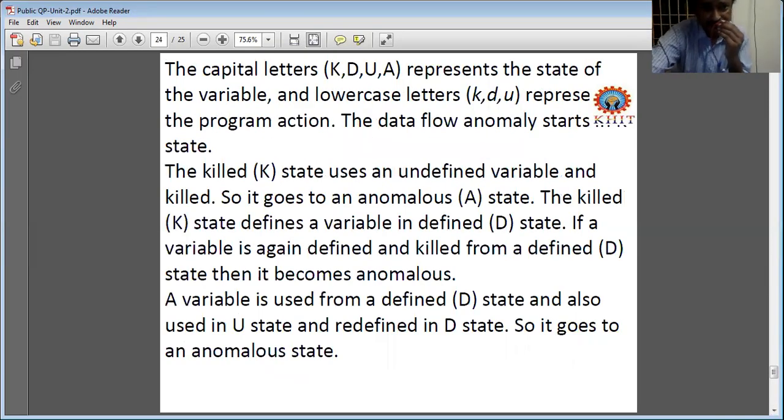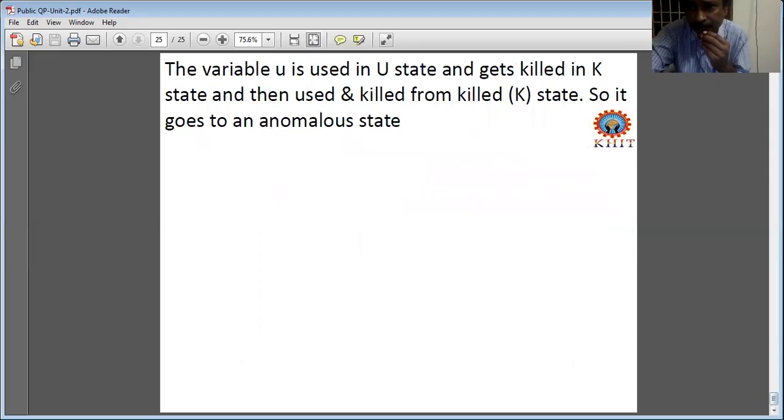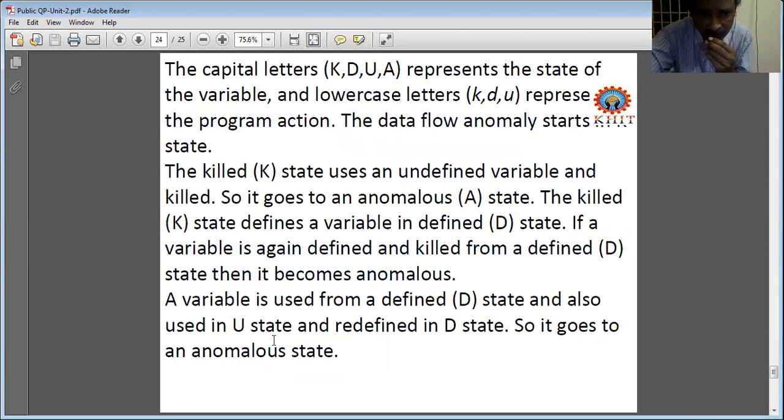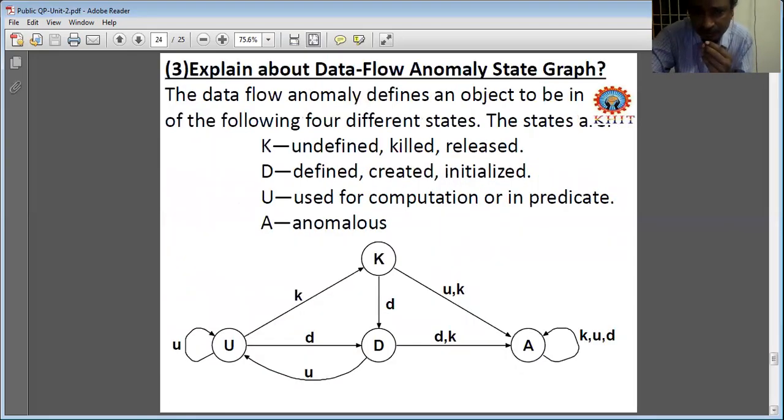A variable is used from a defined state, and used in U state and redefined in D state. So defined and used, again it comes to the defined state.